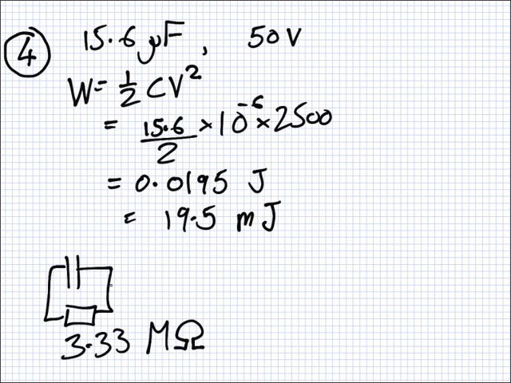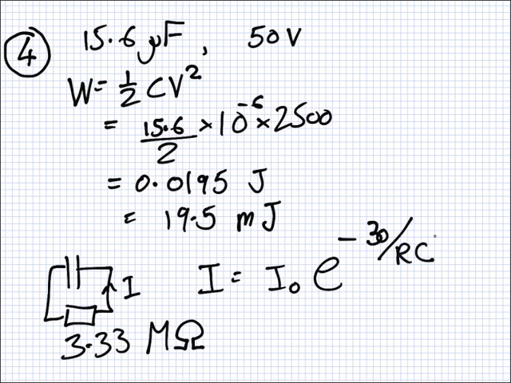So the current will be I0 e to the minus t, which we know is 30, over tau. And we know a formula for tau, it's RC. So the R, well actually, I better work it out here.